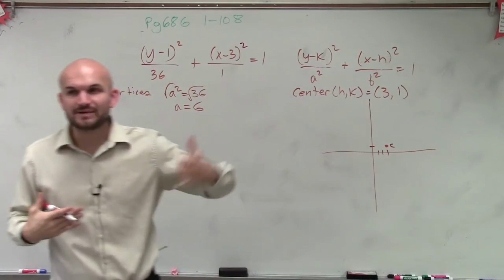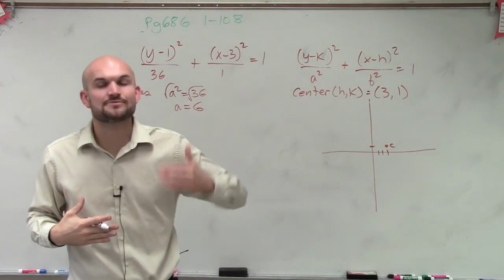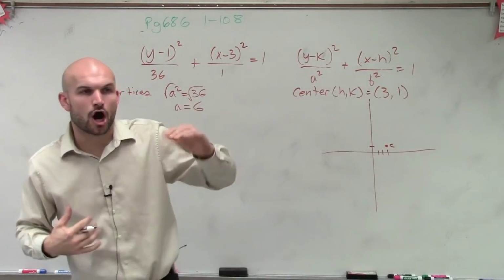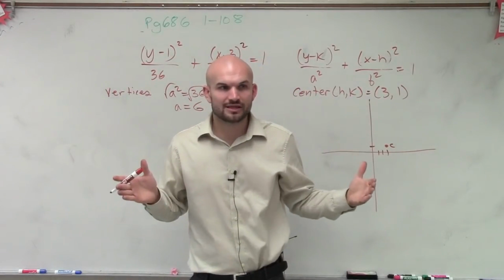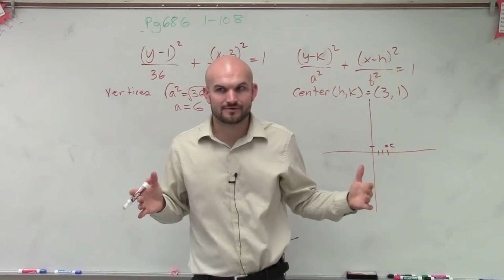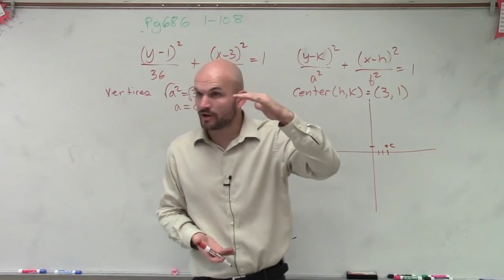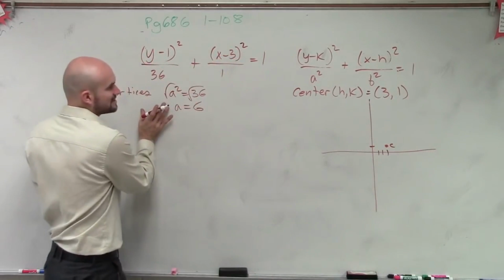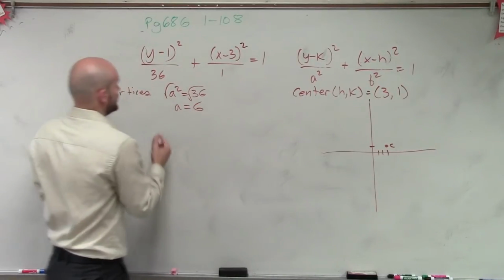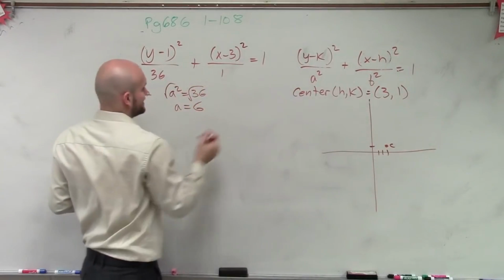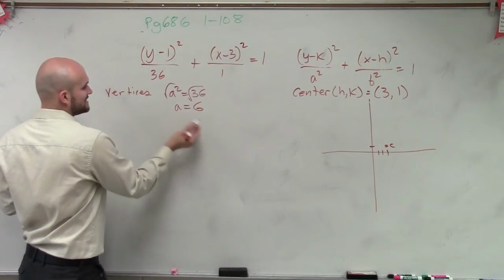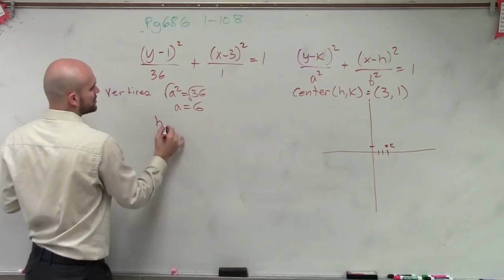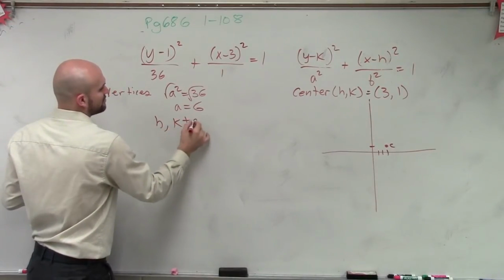Now, since we determined that this was a vertical ellipse, are my vertices going to be above and below the center, or to the left and to the right of the center? Above and below, right? So your h is going to remain the same, but your vertices take the general form of h, comma, k plus or minus a.